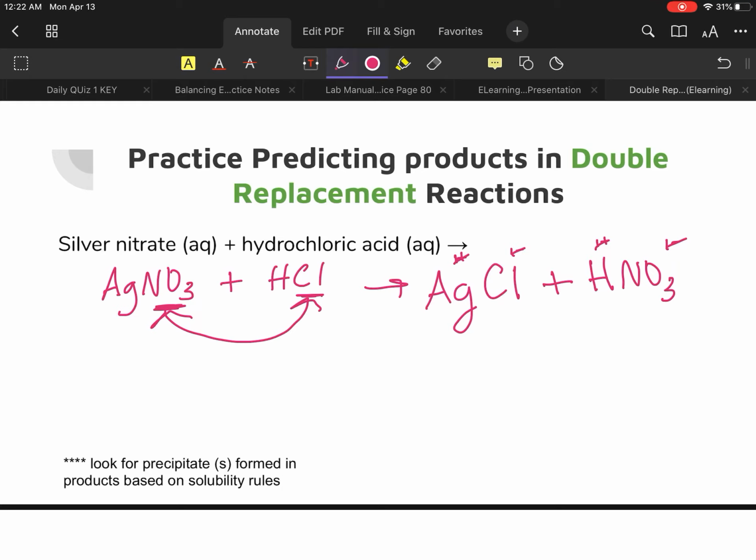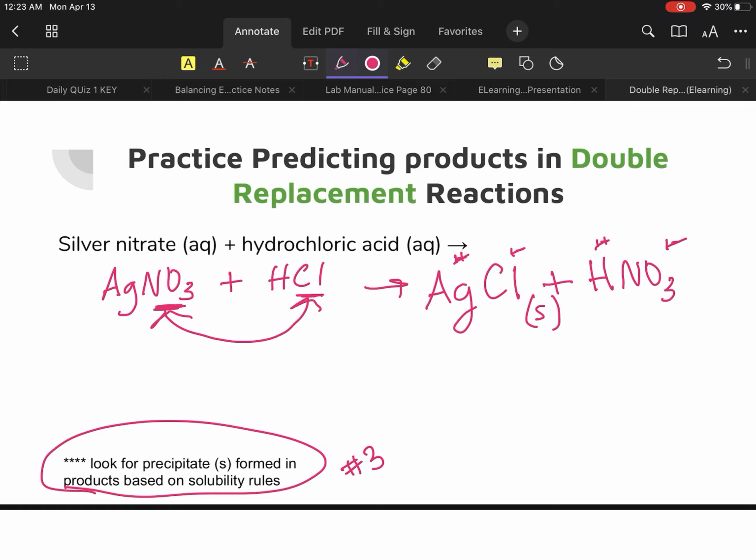I do need to look and see which one is my precipitate. Without scrolling, you can just glance at your rules. Again, I'm looking at rule number 3. It's telling me that chlorides are soluble except for silver. So since I have this silver chloride, that's going to be my solid, my precipitate.